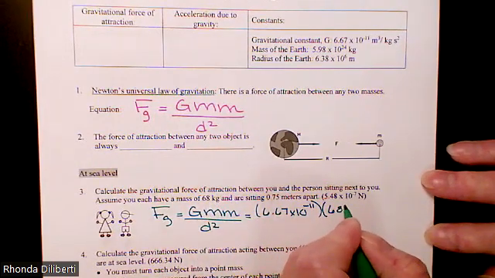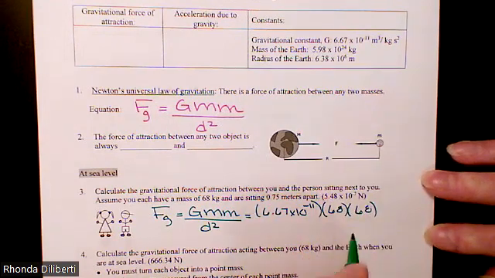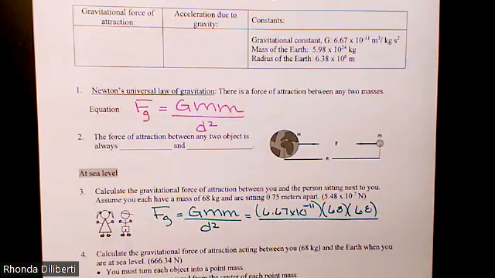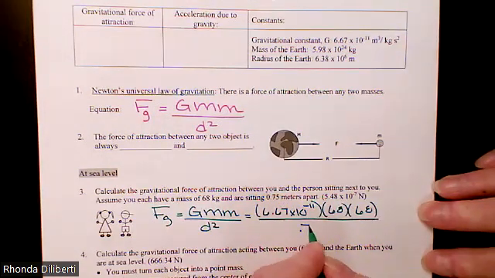So 68 kilograms for the first student, 68 kilograms for the second student, divided by, and then I measured the distance between our desks, and they were about 75 centimeters, but distance has to be in meters. So I changed 75 centimeters into meters and got 0.75, but then we have to square that.